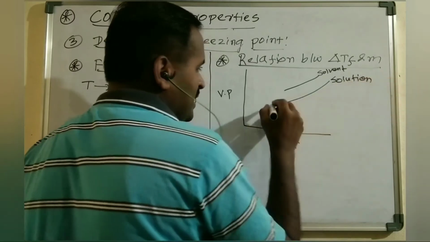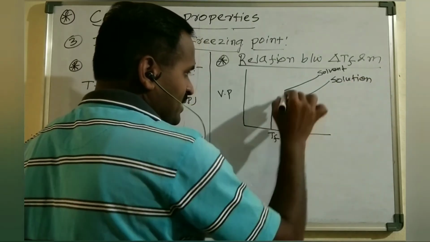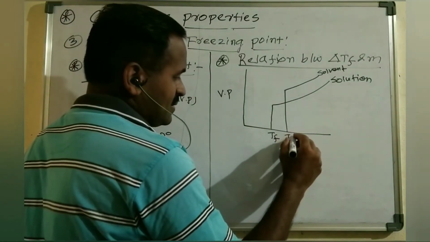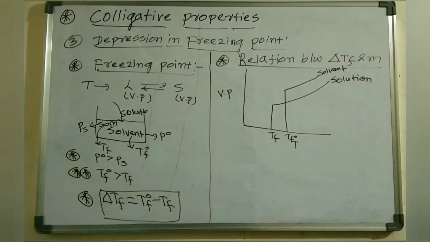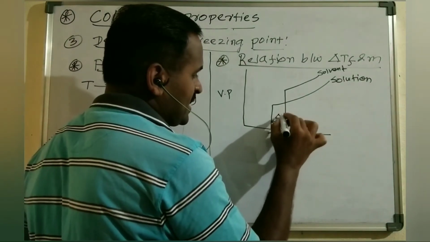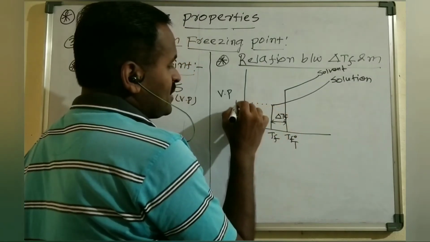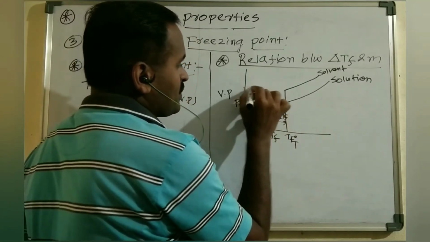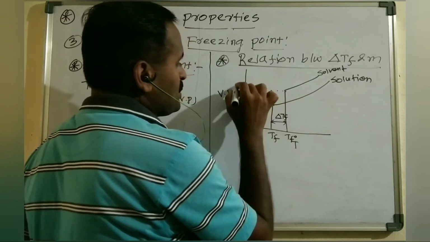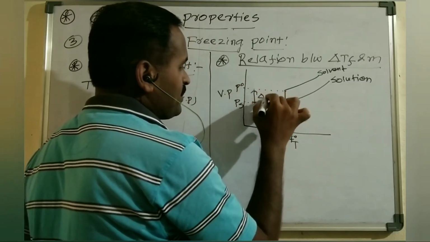This is TF naught, and this difference is delta TF. Take this one as PS and this one as P naught. This difference is delta P.